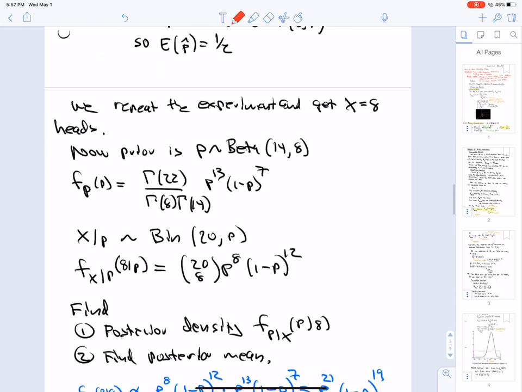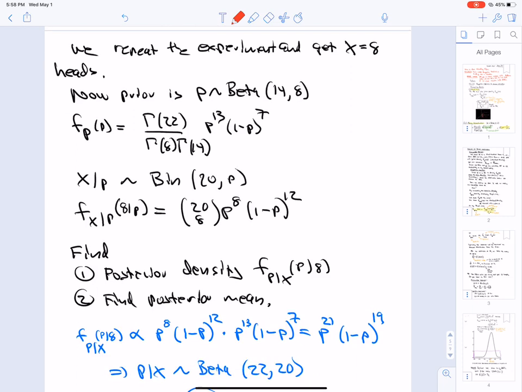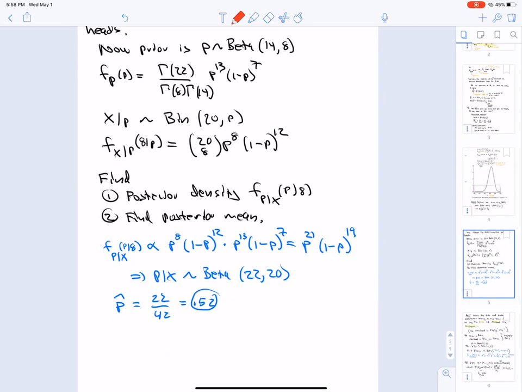So we can repeat the experiment, getting x is 8 heads. Now the prior is Beta(14, 8). We're going to make the prior our old posterior, and we get a new density, a new posterior. So to calculate that, the posterior is proportional to the likelihood times the prior.